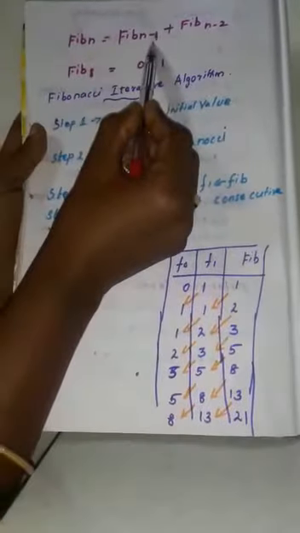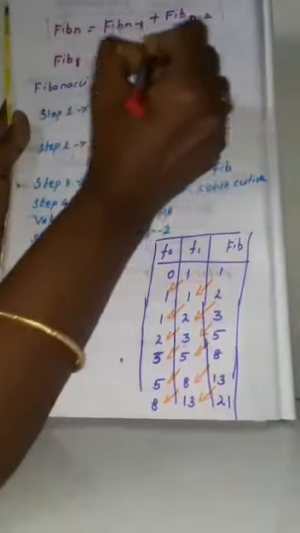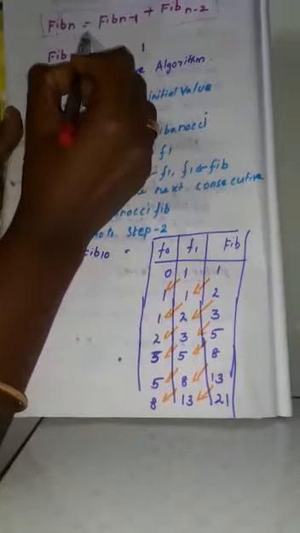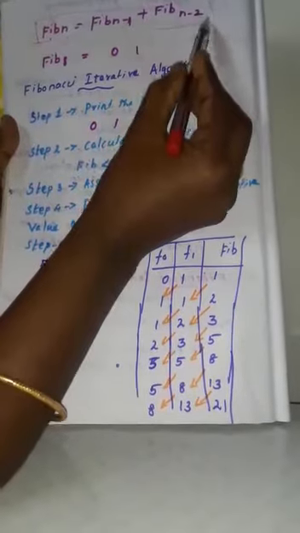Okay. Next, how can we calculate the Fibonacci series values? One formula can be used: fib n equals fib n minus 1 plus fib n minus 2.